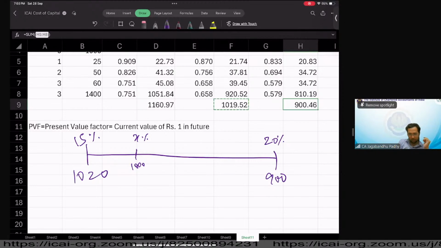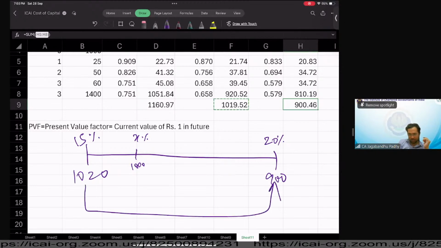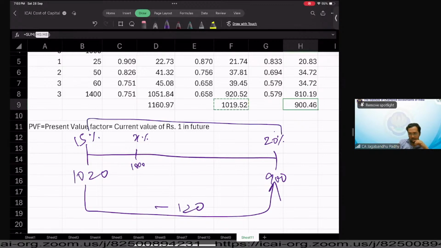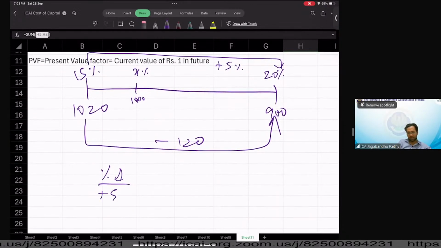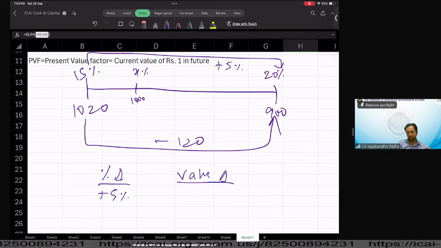So the change that we observe here is a fall by 120 in value, and in the return there was an increase of 5%. So the percentage change was plus 5% and the value change is minus 120.